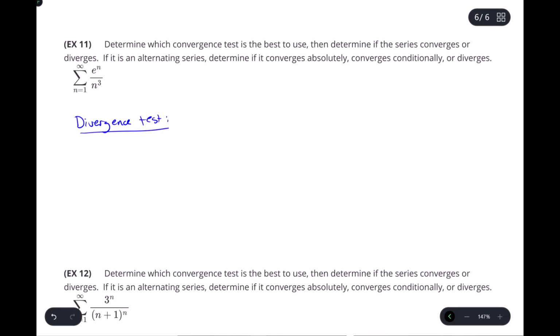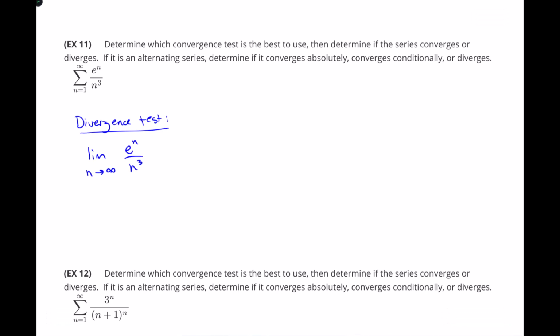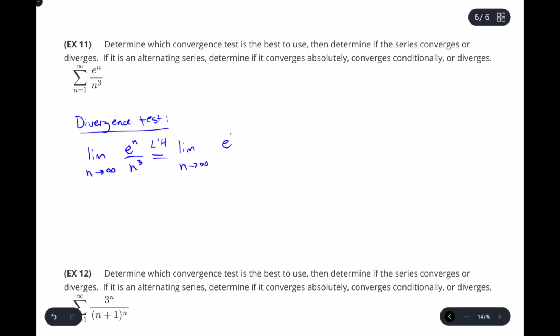So the divergence test, I look at the limit as n goes to infinity of e to the n over n cubed. And to evaluate this, I would need to use L'Hopital's rule. L'Hopital's rule tells me that the derivative for the numerator e to the n is just itself.